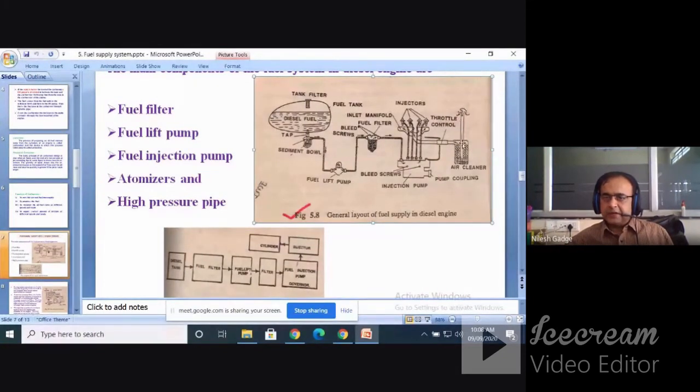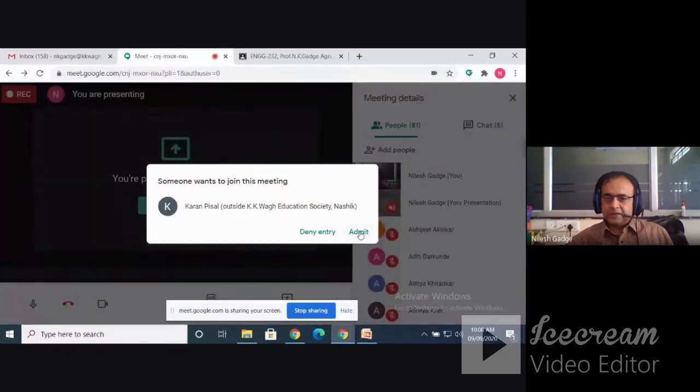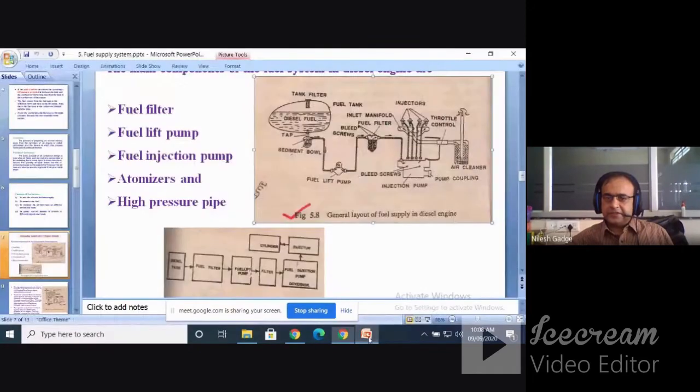The air from the atmosphere enters into the air cleaner. Whatever dust is there is absorbed by the air cleaner, and the air enters into the cylinder. Consider this the portion of four cylinders, and the air enters each cylinder. This is the suction stroke.